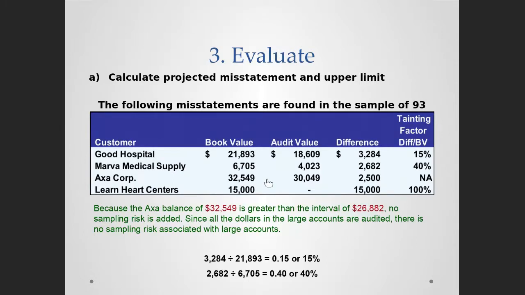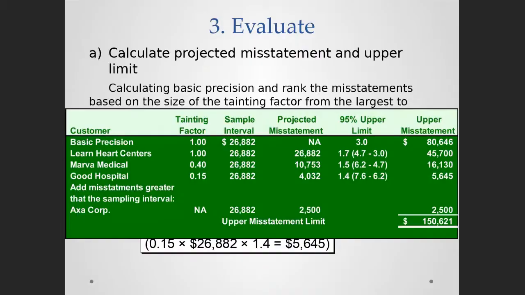Okay. Now we come to the next slide. Here we have to calculate the upper misstatement limit based on the errors we found.